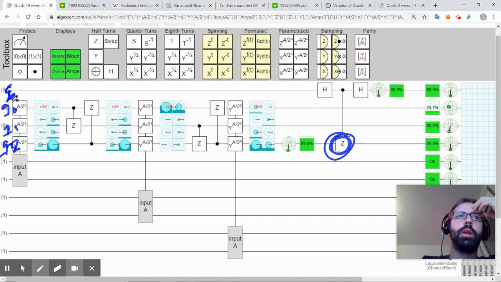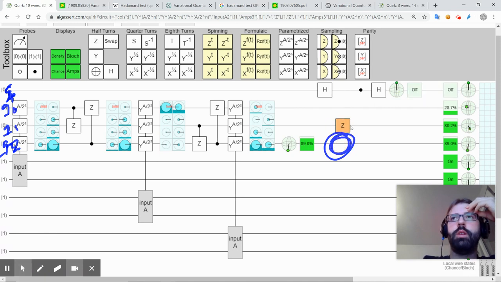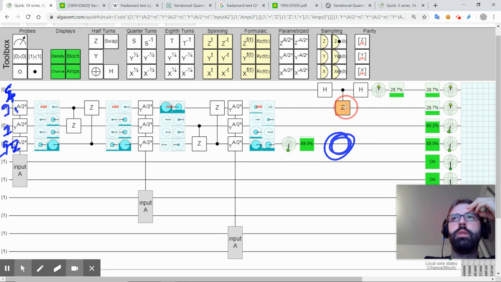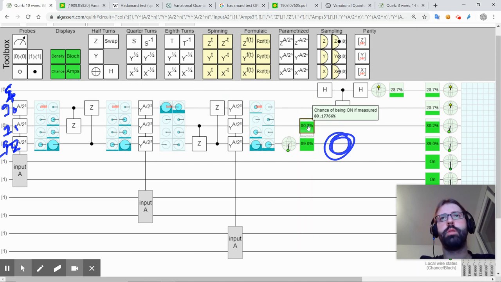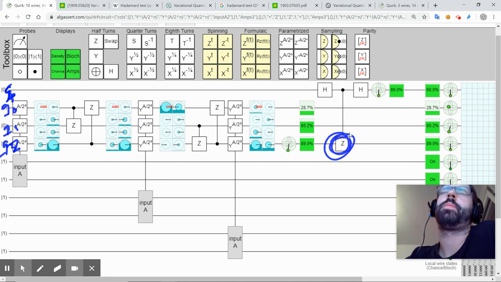So we're doing rotations. What if we move these here? Okay, those are definitely different, right? Why am I interested in the last one?